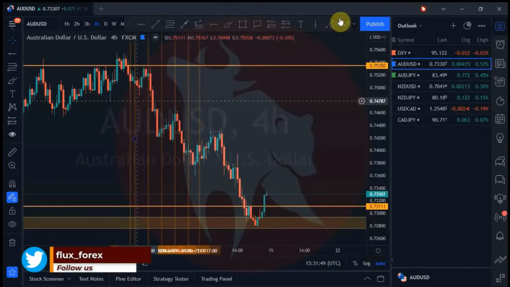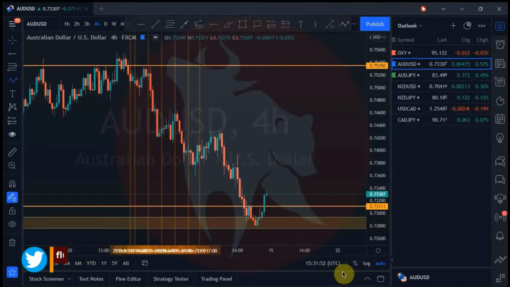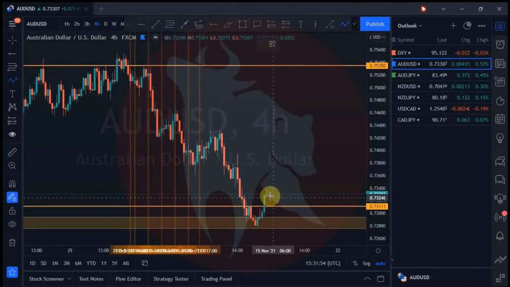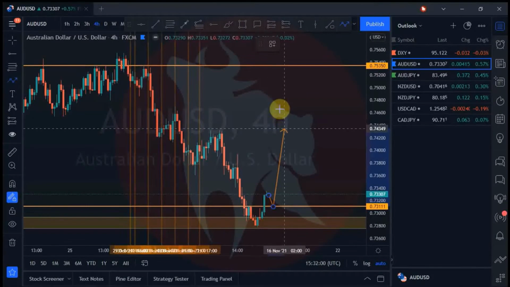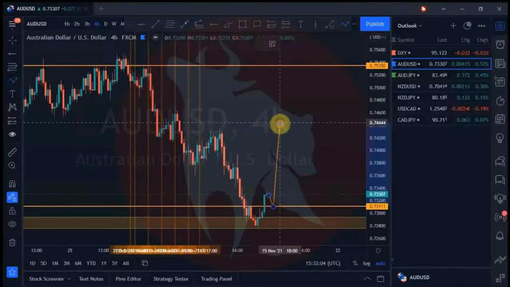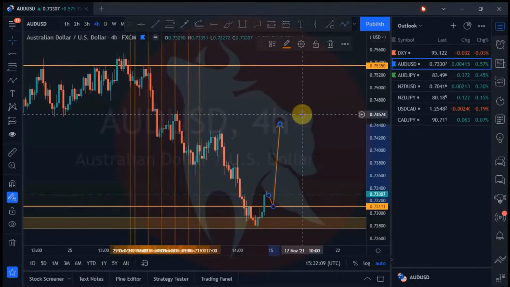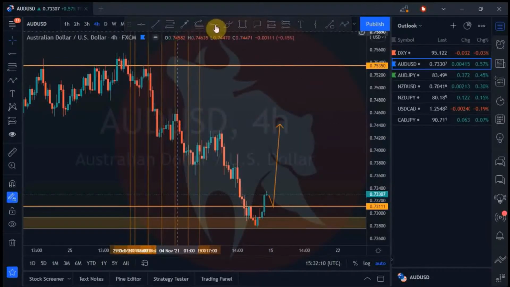I'll wait and see. I'll wait for retracement to this place, and then I'll target this area. My target is going to be the zone, and from there I will see where price is going to move.